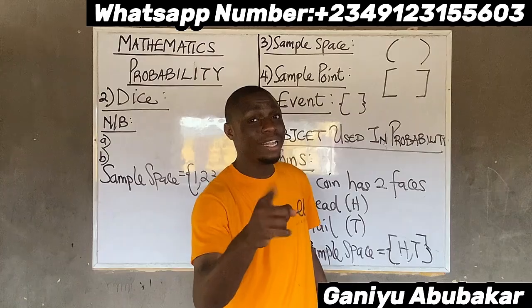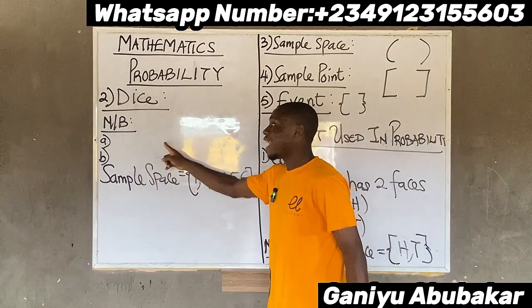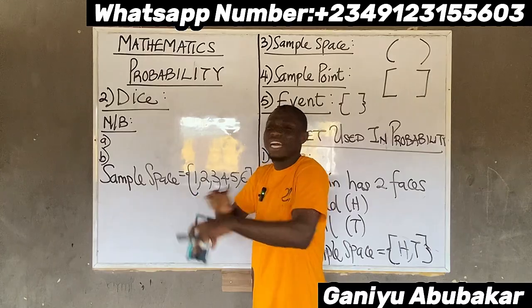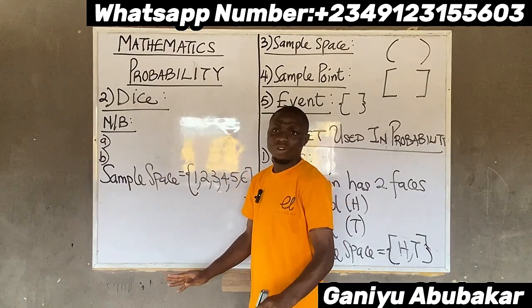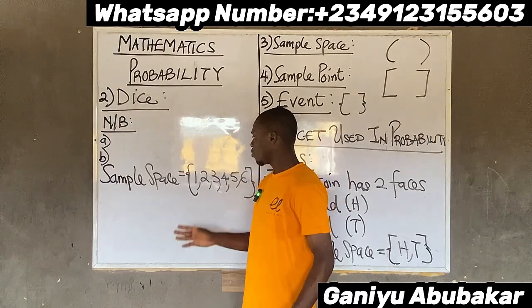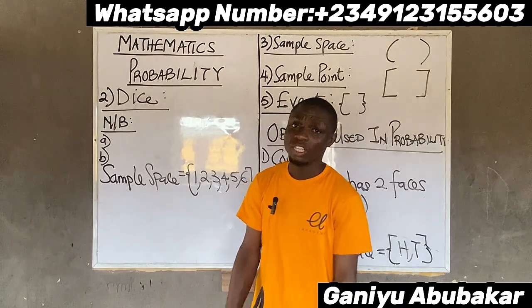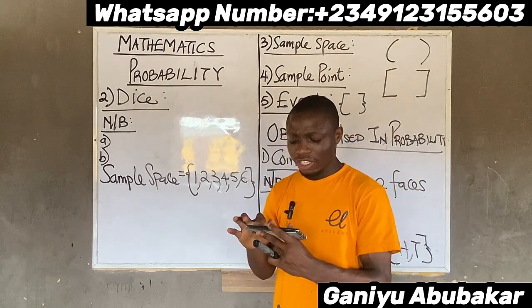You know the way I explained the idea of boy and girl in class. So for dice too, no matter how I throw the dice, the highest outcome is 1 to 6. Nothing else. There's no 7, there's no 8. Your sample space for a die is 1 to 6. That is another object discussed successfully.